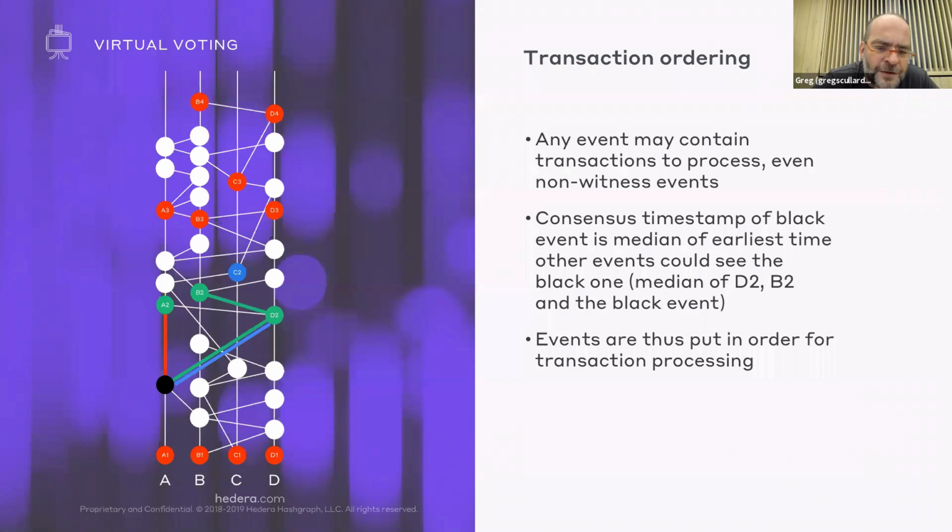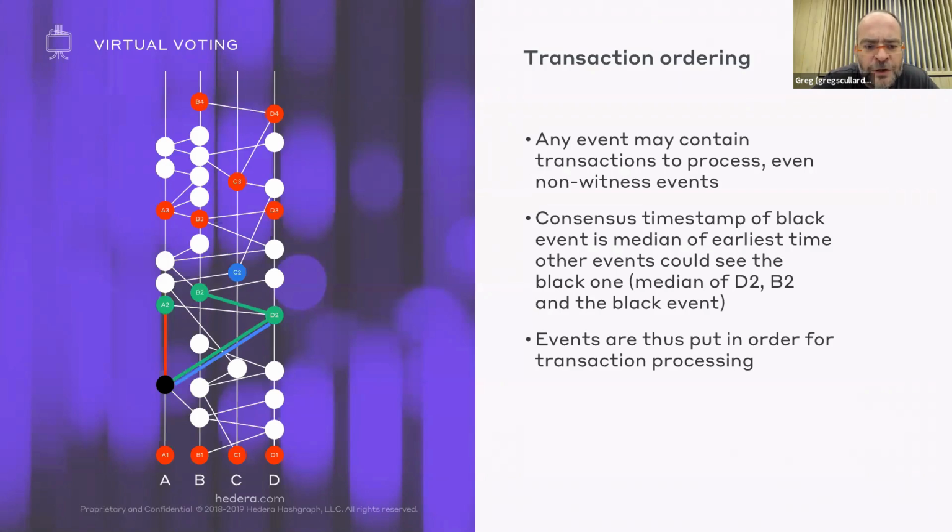Now, median is important here. Median is not average. Median is the one that's nearest the middle of all. So if one particular event, say D2, had a timestamp which is 3 hours before all the others, its timestamp would essentially be discounted because it's nowhere near the middle of all the other timestamps.